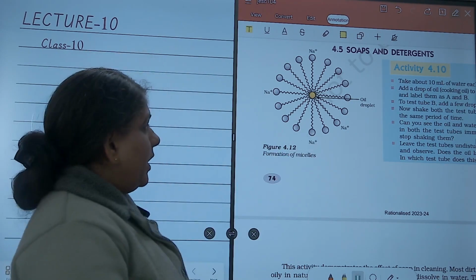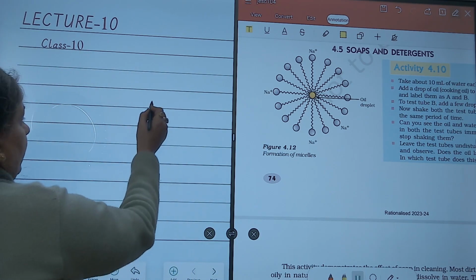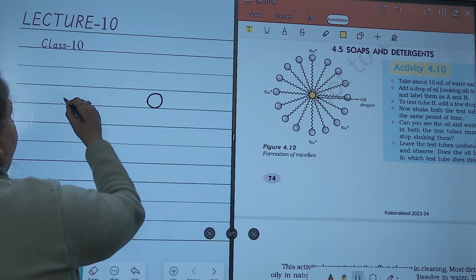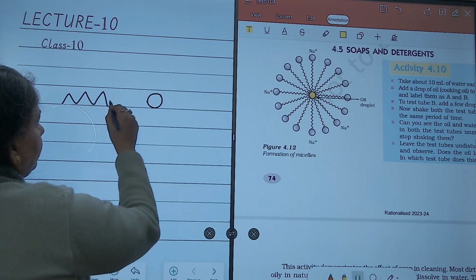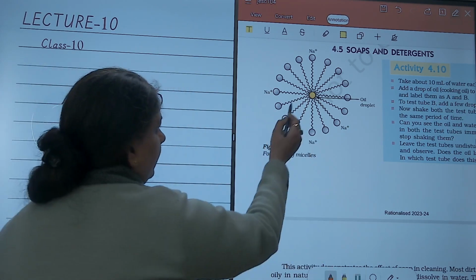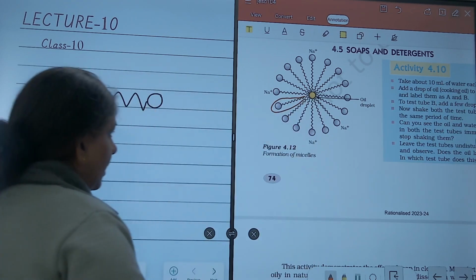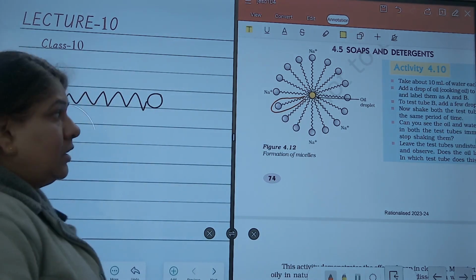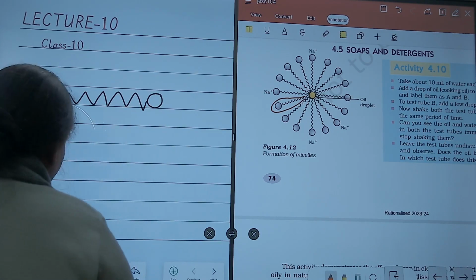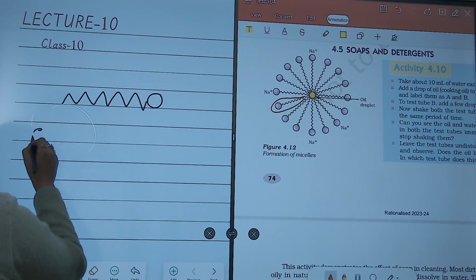See, if we see a single soap molecule, it is represented by a circle and a zigzag line that you see here. This is one soap molecule. So what does this structure indicate? Chemically, this zigzag line is representing the carbon chain.